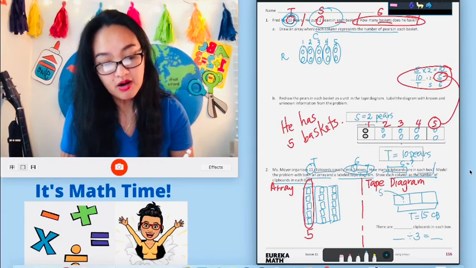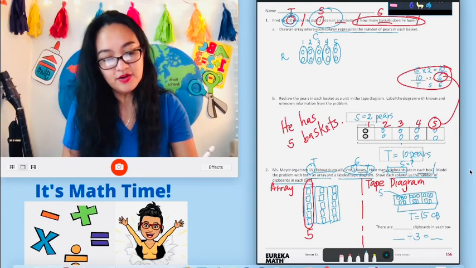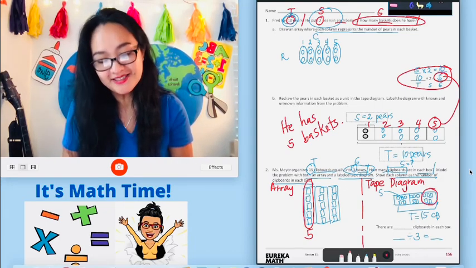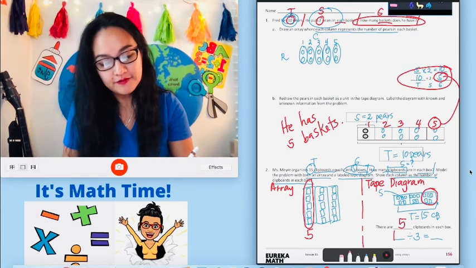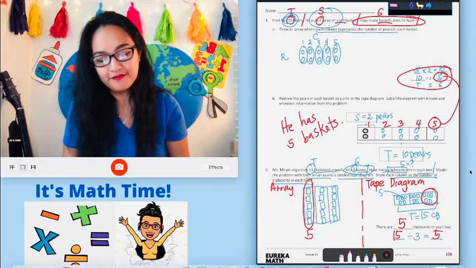I can start filling in each box. 1, 2, 3, 4, 5, 6, 7, 8, 9, 10, 11, 12, 13, 14, and 15. And so, there are how many clipboards in each box? There's 5 because 15 divided by 3 equals 5.